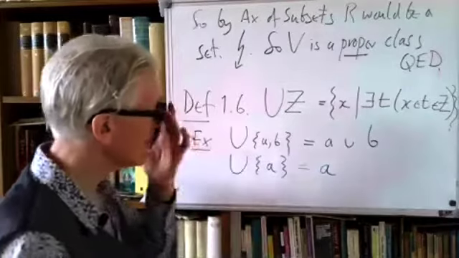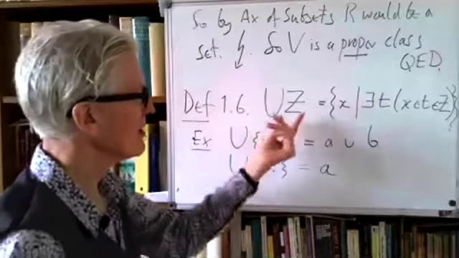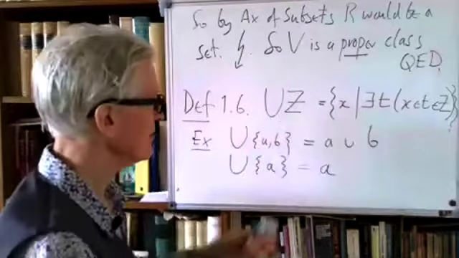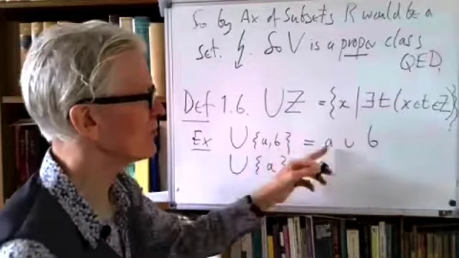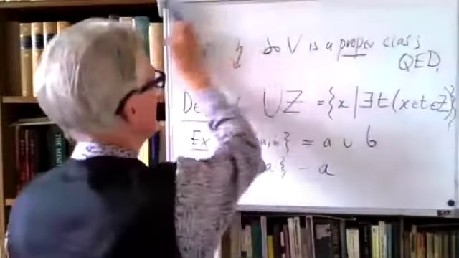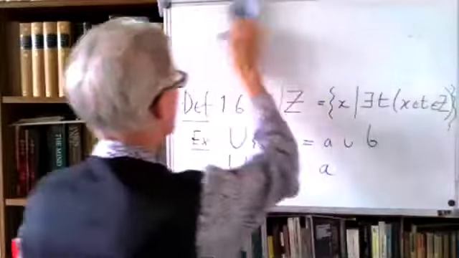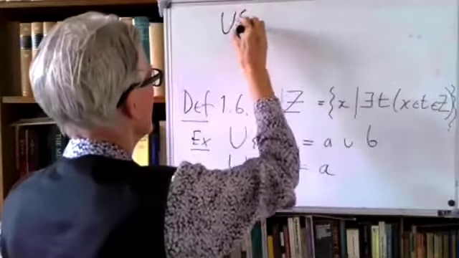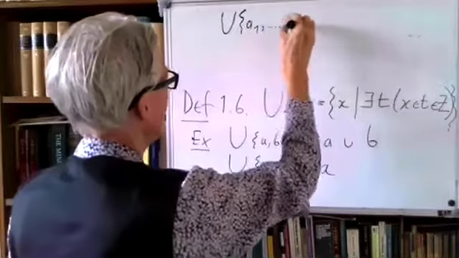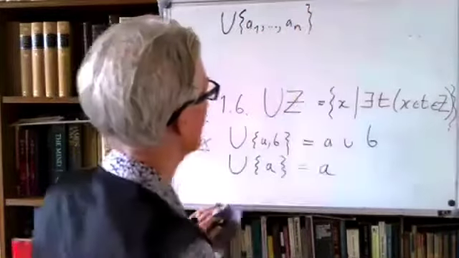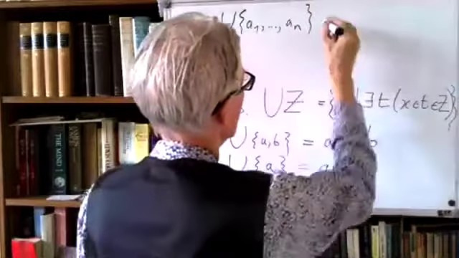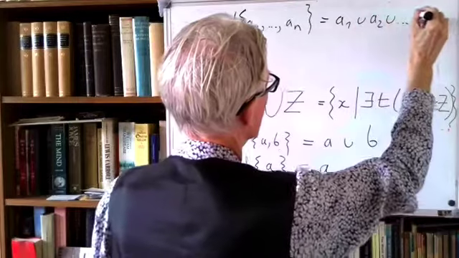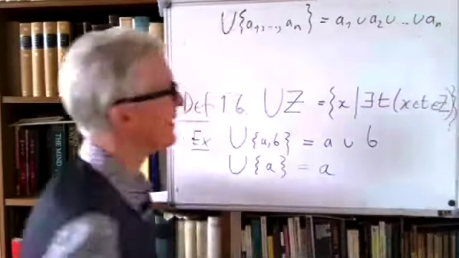What we've got here is something that's really quite flexible because there are no restrictions on this Z here. It doesn't have to consist of just two things, so we have an ordinary A union B. If I've got sets A1 up to AN here, then the union here is A1 union A2 up to AN.